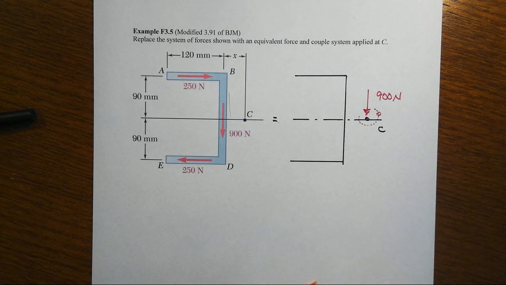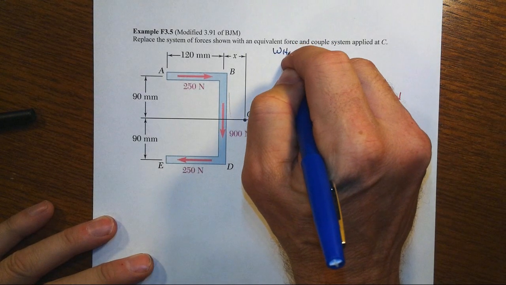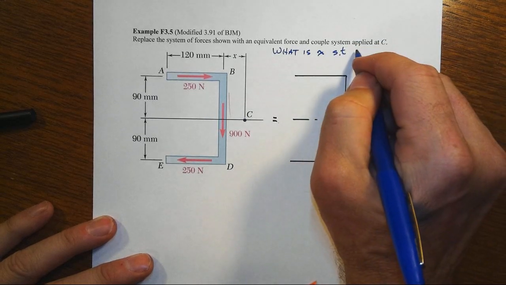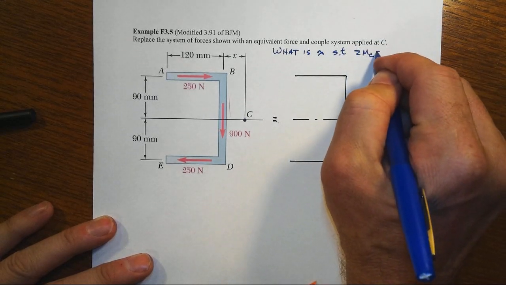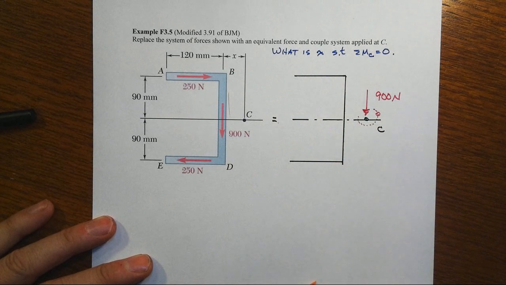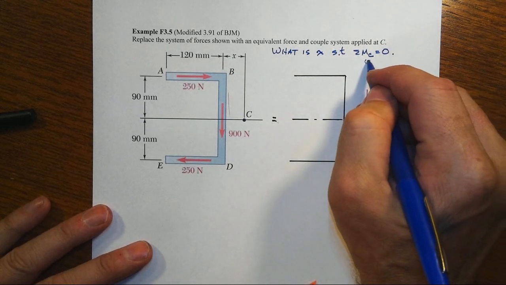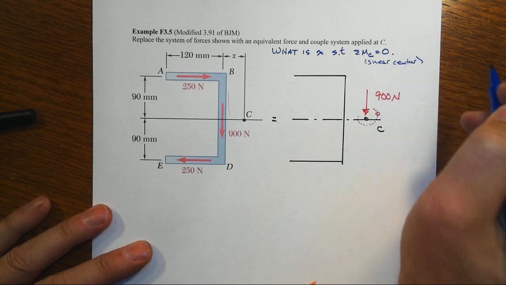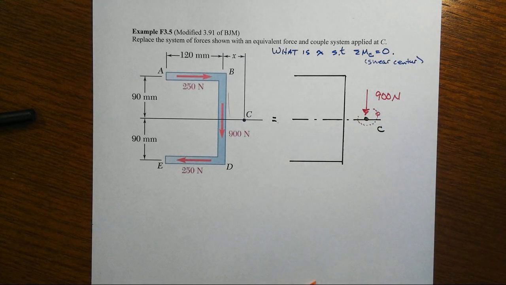So that's the problem I'm really addressing here: what is x such that the moment about point C is equal to 0. That turns out to be what's effectively called the shear center, for reasons you'll find out in another course.